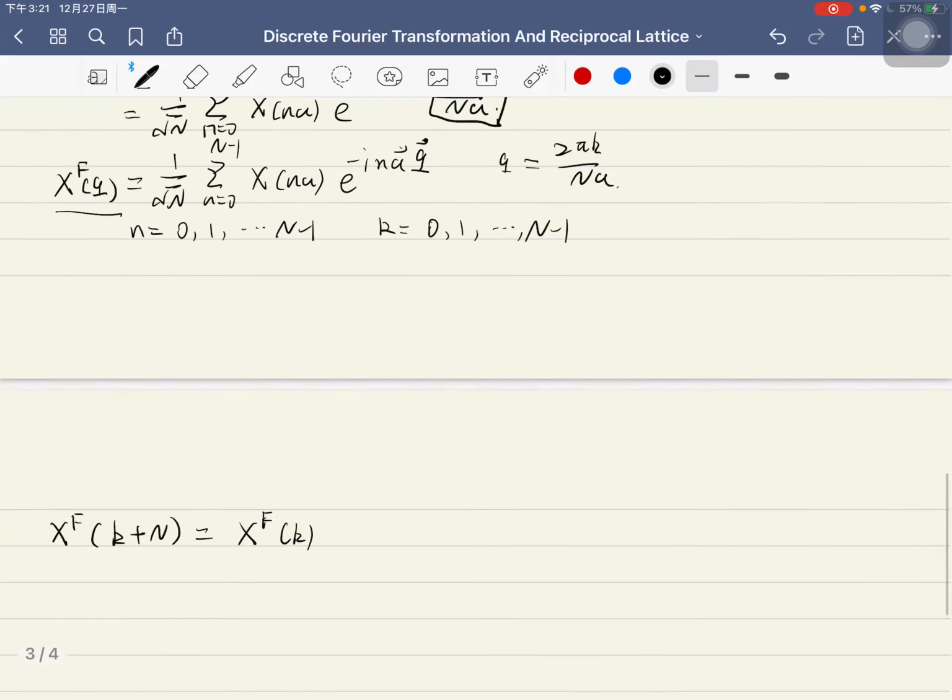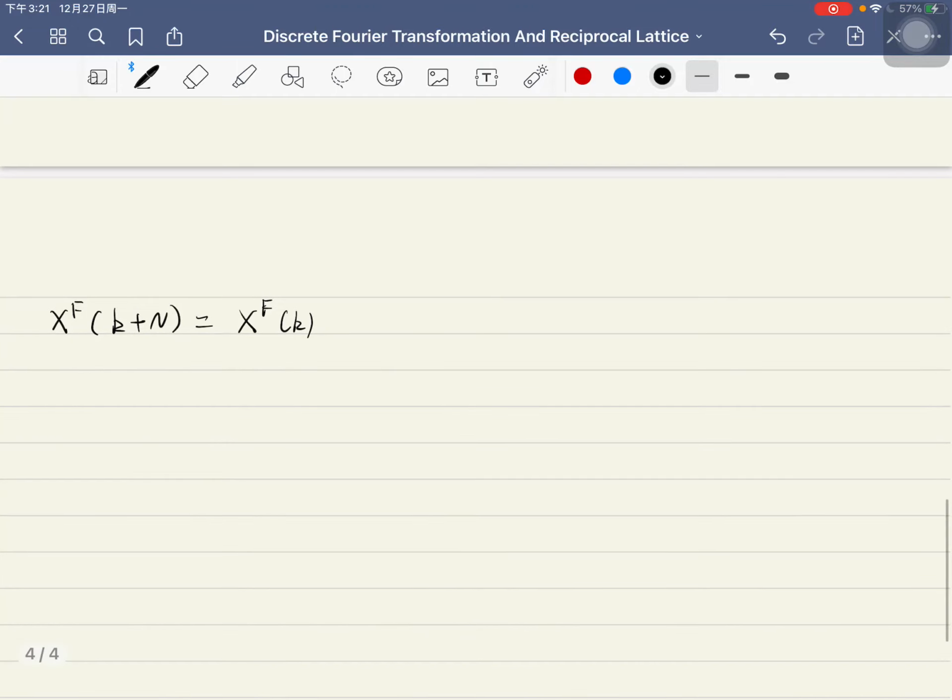This is really easy to prove because we write them in the definition.